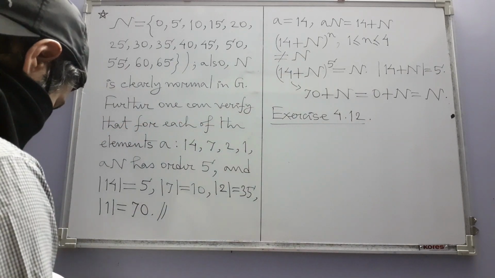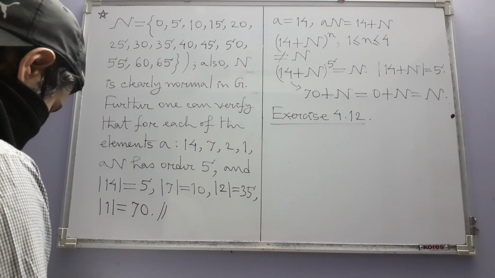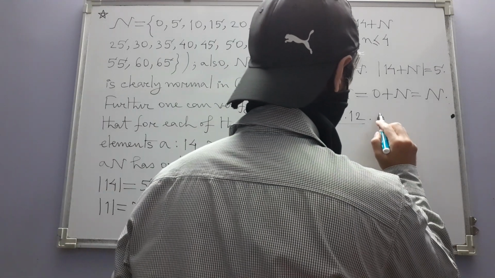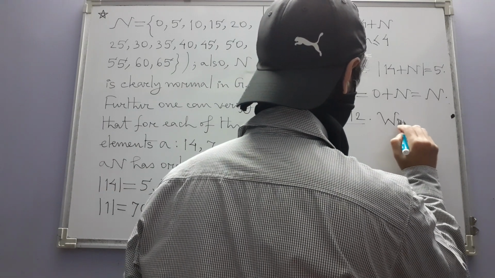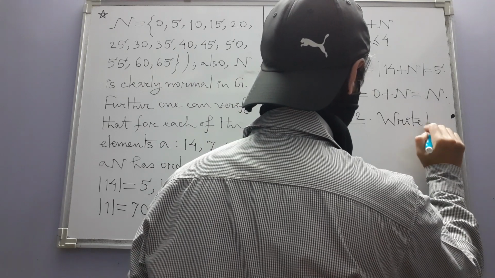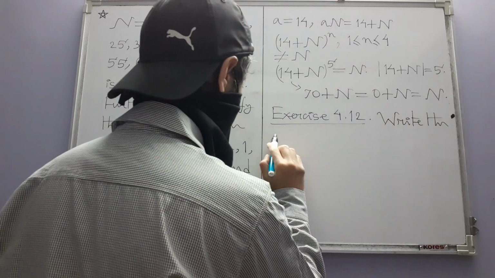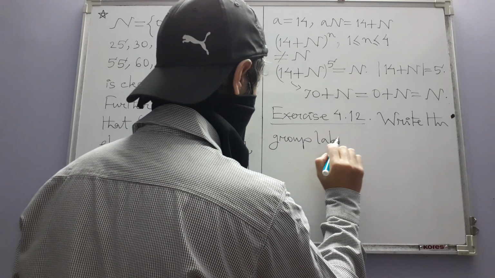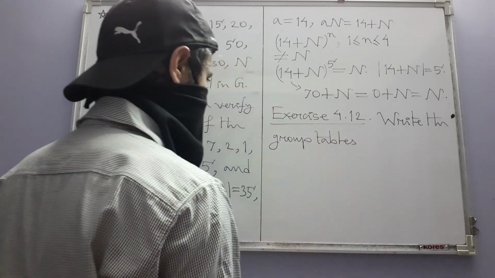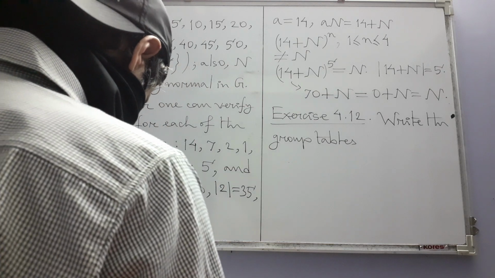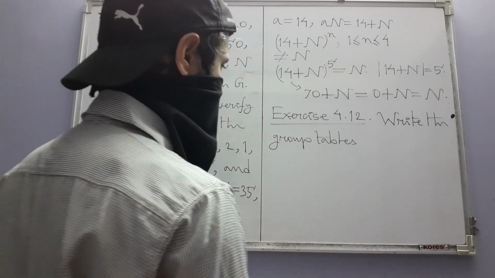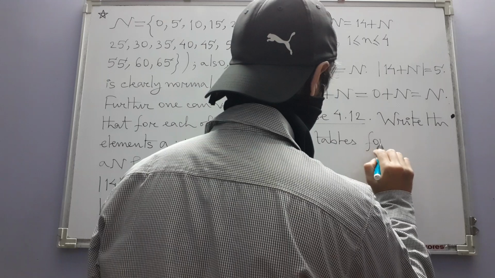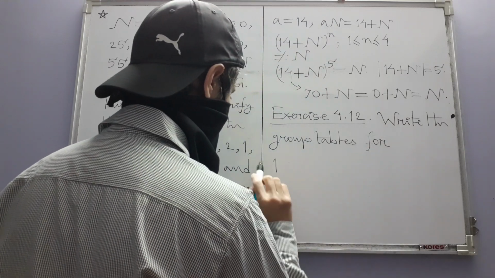In this one, we have to calculate group tables. Write the group tables for two groups that are given, and they are factor groups.